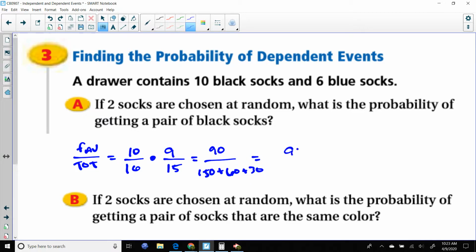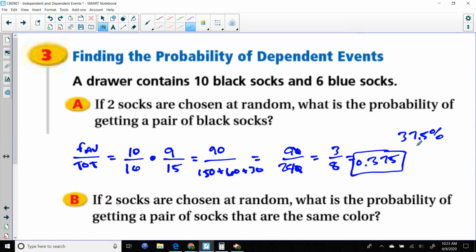So this is going to be 90 over 240. No calculator here, guys. Let's bang it out. Zeros are gone. 3 goes into 9. 3 goes into 24. 3 out of 8. 3 divided by 8 is 0.375. So you have a 37.5% chance of that occurring.